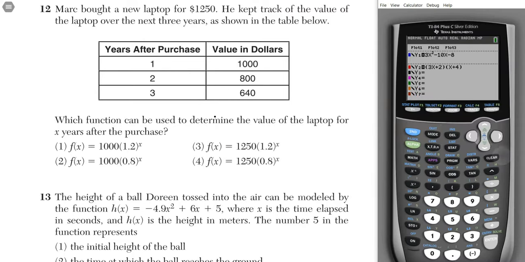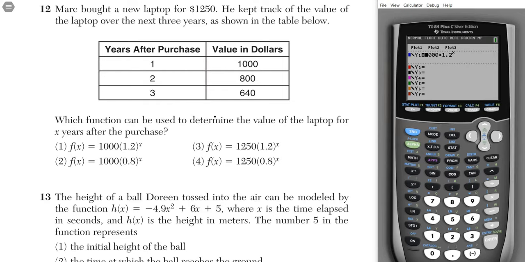Let's see, according to the calculator table for choice 1, when x is 1, y1 is 12,000. That already doesn't work. We can eliminate choice 1.